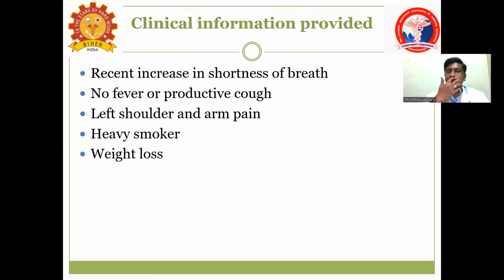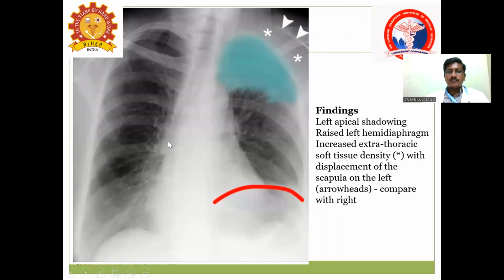The history is recent increase in shortness of breath. There is no fever. The patient has left shoulder pain. History of chronic smoking and weight loss is there. Yes. What is the pathology? If you observe here, there is rib destruction, and you can see apical shadowing and increase in extrathoracic soft tissue density.